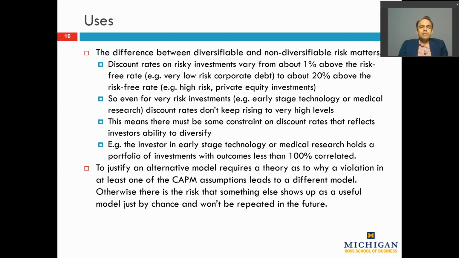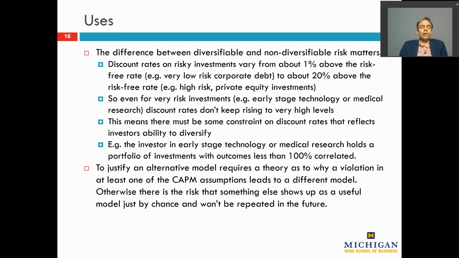This means there must be some constraint on discount rates that reflects investors' ability to diversify. Some individual investments are very, very risky. But even though they're very, very risky, my discount rate for the highest risk investment that I can come up with, maybe 20%, is not that much different to the discount rate that I would have for a well-diversified investment in listed companies of around about 9%, because as an investor, I can hold a well-diversified portfolio.